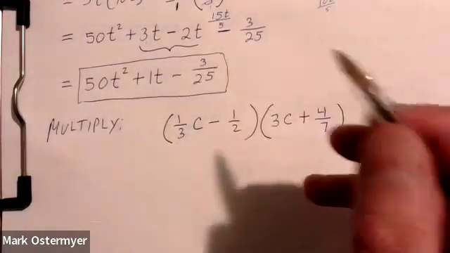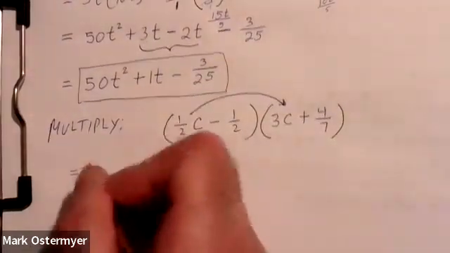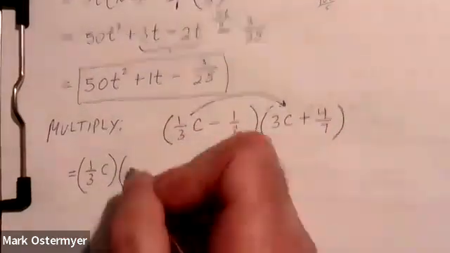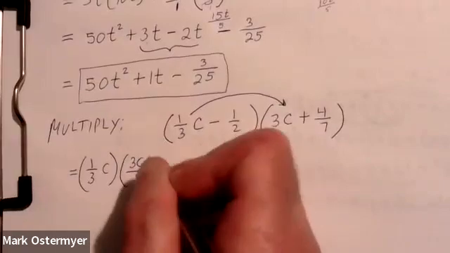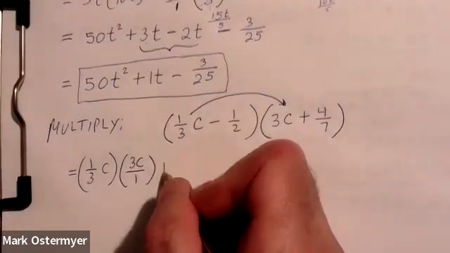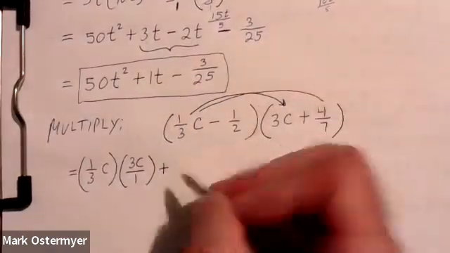Nothing changes there. So 1/3 c's got to get multiplied by the 3c. Now this 3c you can place over 1, understood. You can always put anything over 1, it's still the same thing. Plus, we multiply the outer terms together. 1/3 c gets multiplied by 4/7.